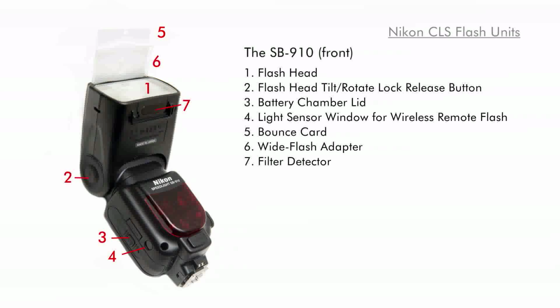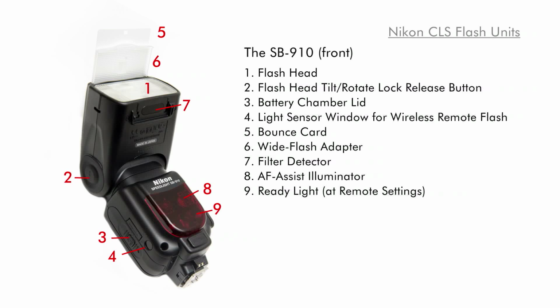Nikon's flash filters have a special code on them that the flash reads to determine the filter color. A built-in LED projects a red beam onto your subject when you're working in low-light situations. This helps the camera's autofocus system lock focus on your subject. The ready light will light up red when the flash is ready to fire.